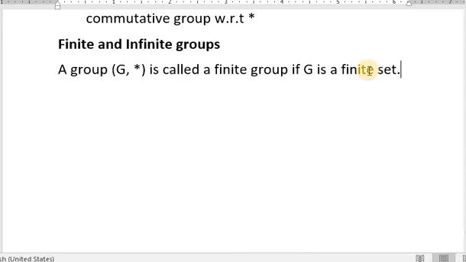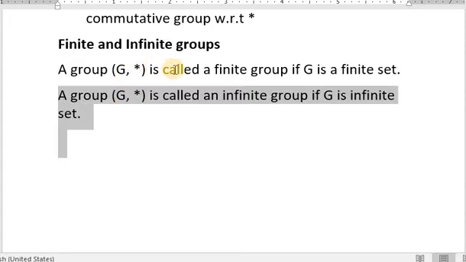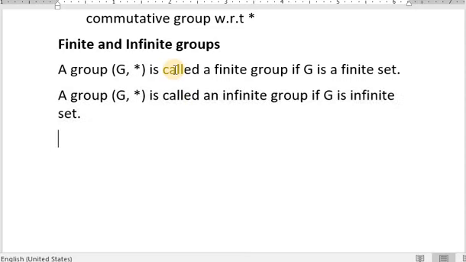Similarly, a group G star is called an infinite group if G is an infinite set, that is, if G has an infinite number of elements.